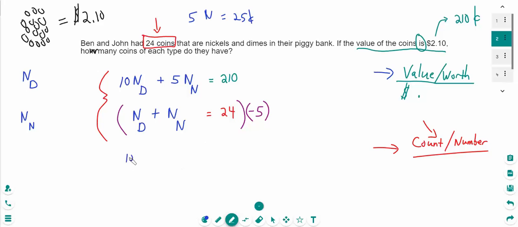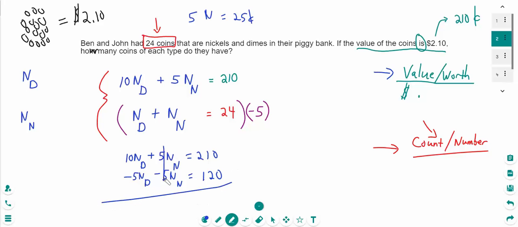I'm going to have my first equation. That's not going to change. And then I have my second equation now, which is -5 n sub d plus -5 n sub n is equal to, let's see, 24 times 5 is what? 120, I believe.